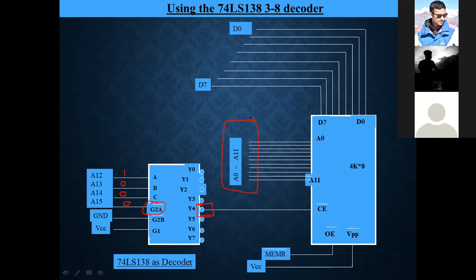And as we have discussed in the earlier class also, we cannot change this, because if we change this, then the chip will not be selected. अगर एक भी बीट ये A15 से A12 तक एक भी बीट चेंज हो जाए, then this decoder will not be active. Clear? So we cannot change these particular 4 bits in this case.